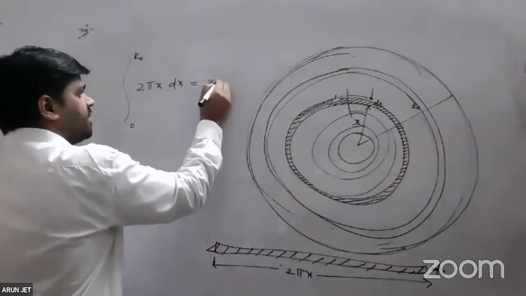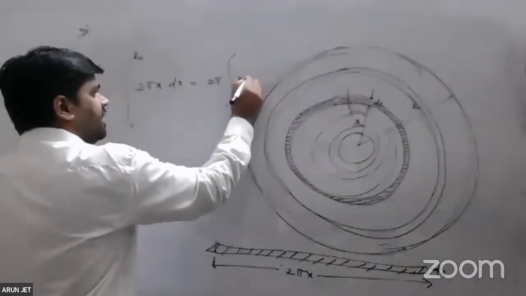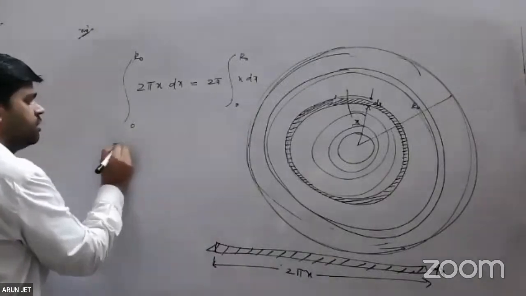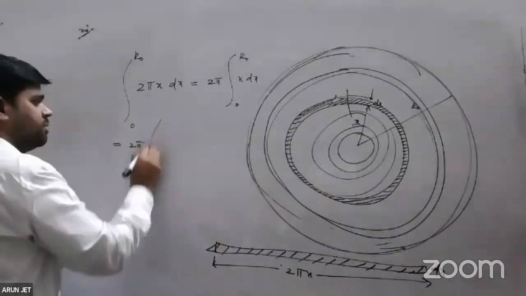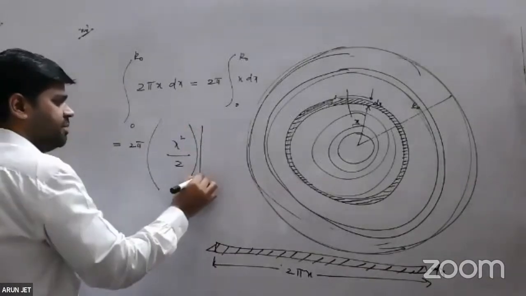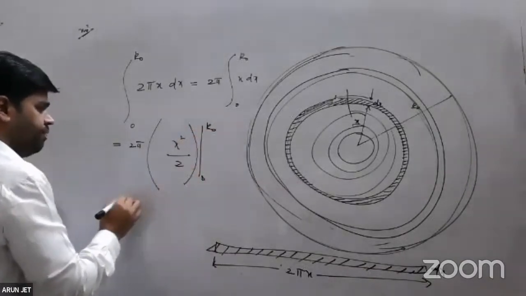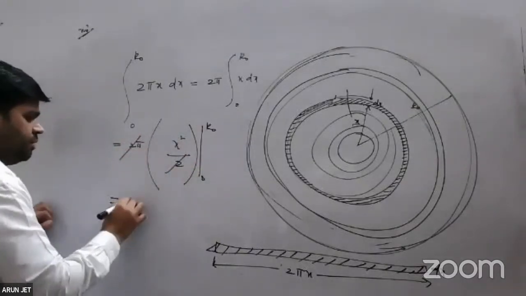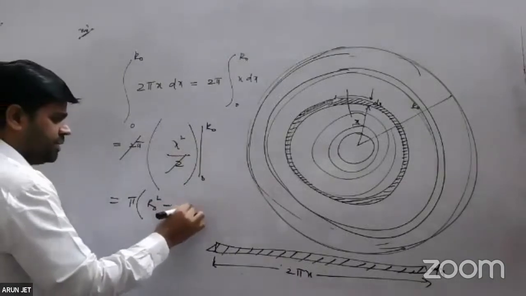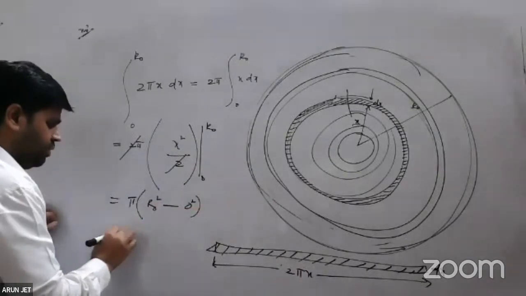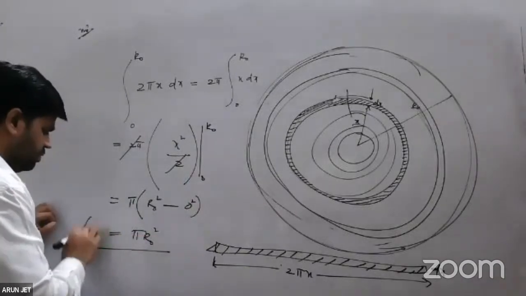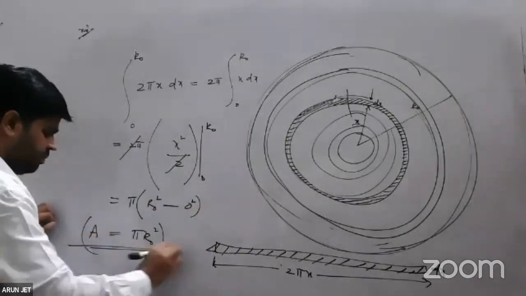What I get is 2 pi is constant, it comes out, integral x dx from 0 to r naught. 2 pi times integral x dx is x square by 2 under the limit 0 to r naught. The 2 gets cancelled out. Pi times, I substitute the upper limit r square minus lower limit 0 square, which is nothing but pi r square, my area of the circle.